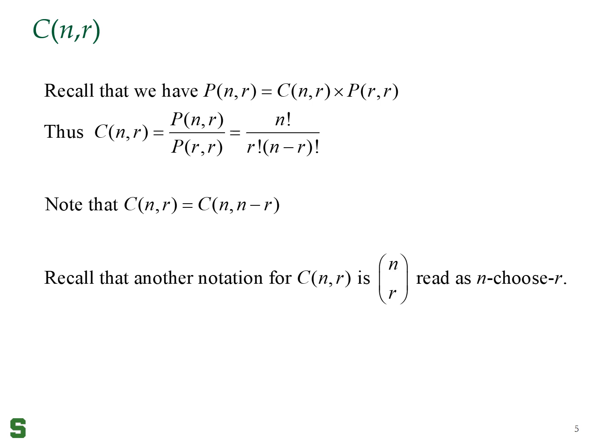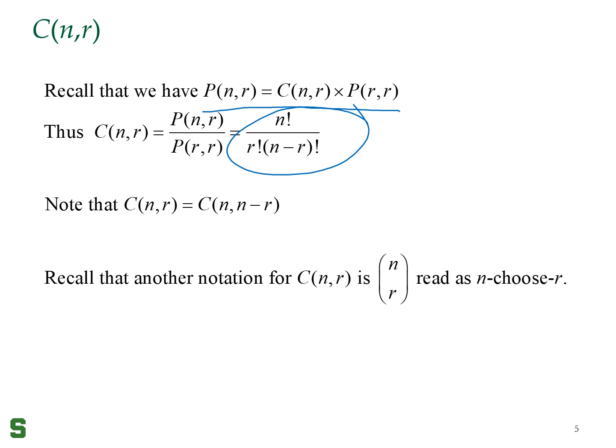Now, a couple of slides ago we proved that P of n comma r is C of n comma r times P of r comma r. We have a formula for P of n comma r, so we can plug that in and we can see that C of n comma r is n factorial divided by r factorial times n minus r factorial.